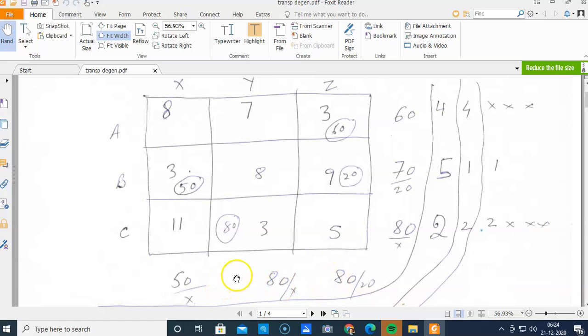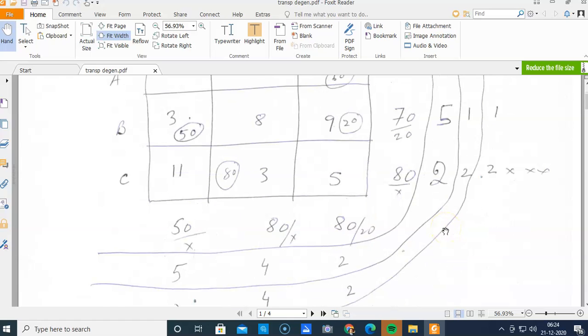So we applied the Vogel's approximation method as was told to you earlier. First of all, we find out the penalties, that is the difference between the lowest and next lower costs. So 7 minus 3, 4, then 8 minus 3, 5, and 5 minus 3, 2.